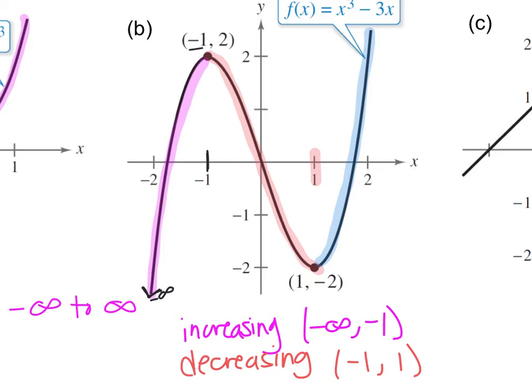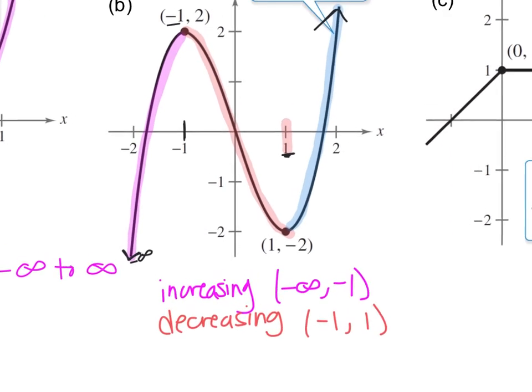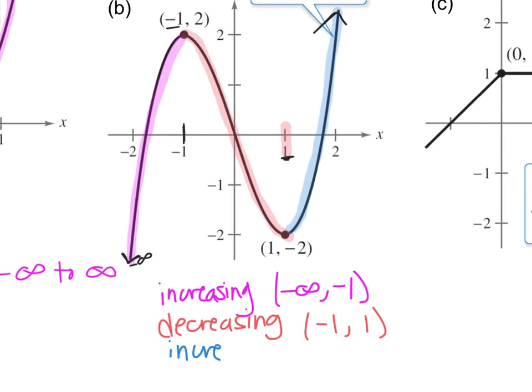So it goes on forever. And so at this point, we are increasing from the 1 on the x-axis to infinity. So I would say we are again increasing from +1 up to infinity. So we have two different changes, so we have 3 chunks of what's happening on that graph.